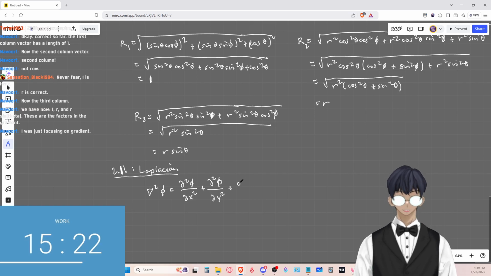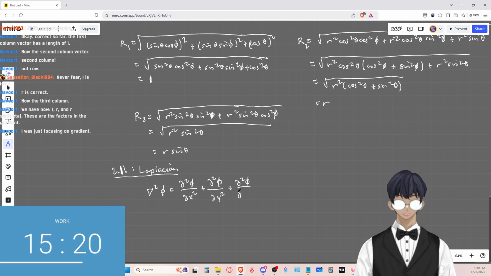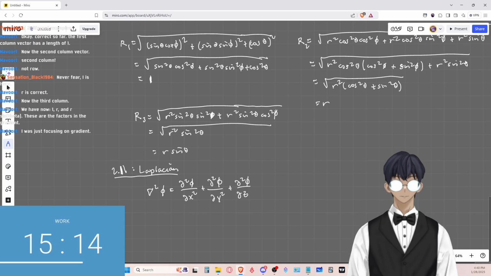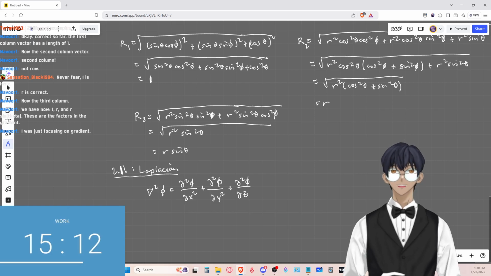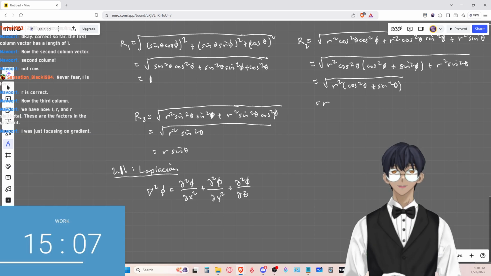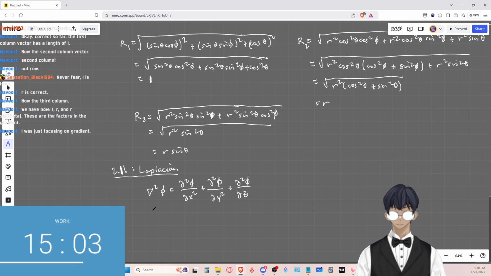And see. Okay, that's its general form. Wait, where's my mouse? There it is. So the Laplacian operator is this.